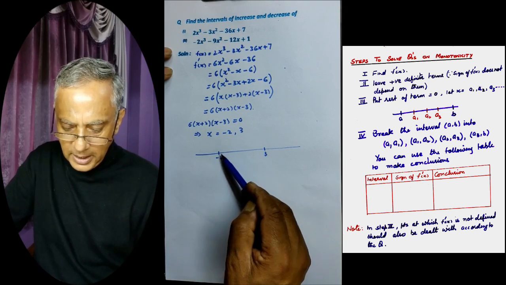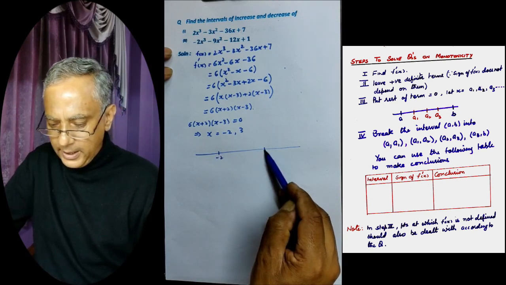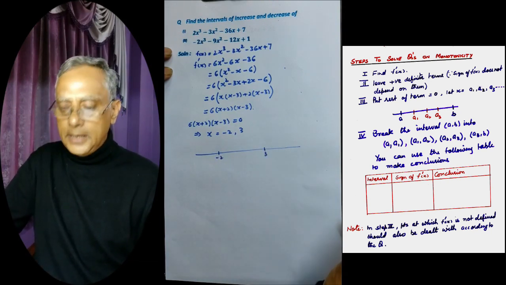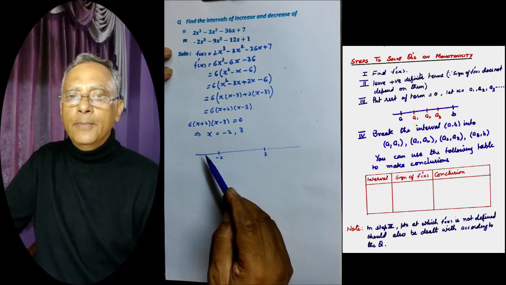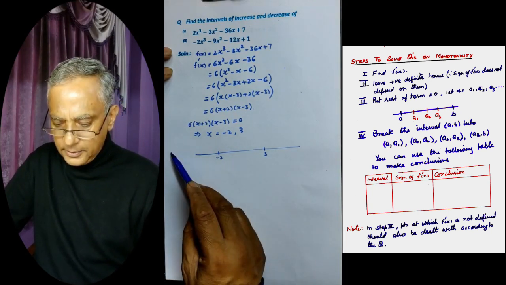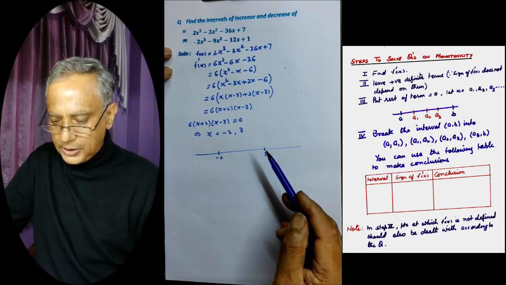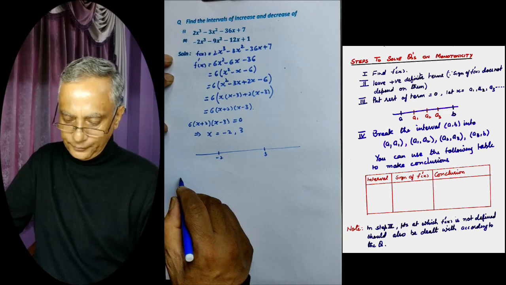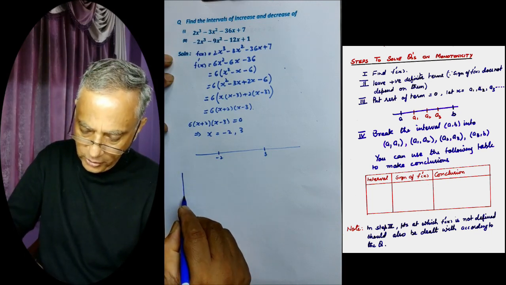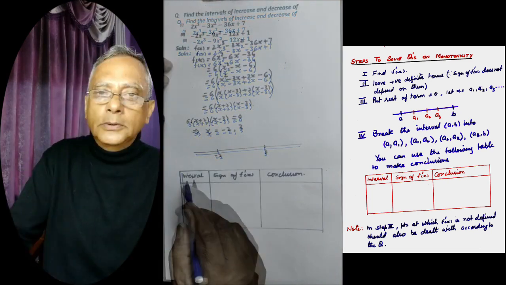In this interval, sign will remain same. From here to here, the sign will remain same. From here to infinity, the sign will remain same. So we break this number line into these 3 intervals and check the sign of the derivative. We make the following table.